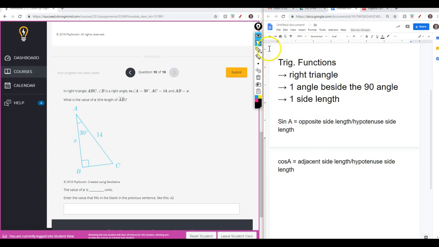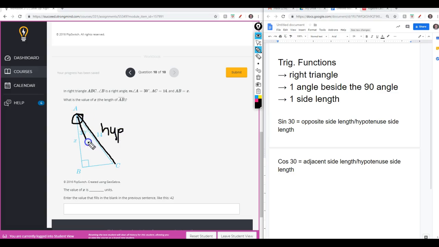We have one angle besides the 90-degree angle. Yes, we have our angle, 30 degrees. And then one side length. Yep, the 14. So now let's label this triangle according to the angle given, which was 30 degrees. So we have our 30 degrees that was given. And so we have the side opposite the 90 degree, which is the hypotenuse.